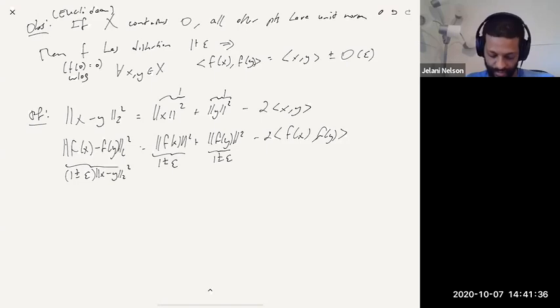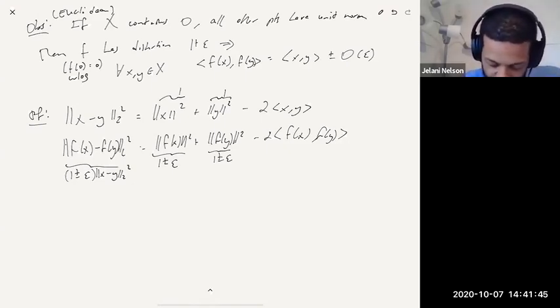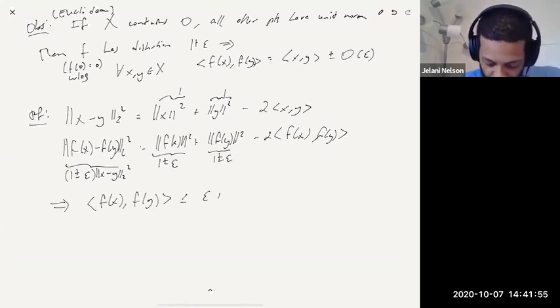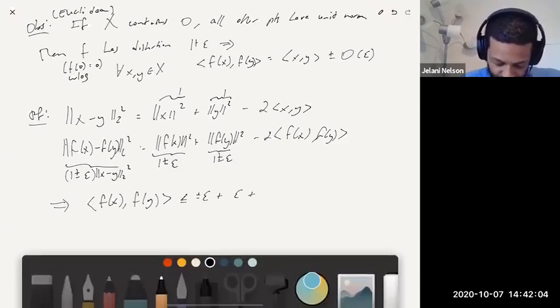Okay. So if you just rearrange these things, basically what you get is that f of x dotted with f of y is going to be within plus or minus epsilon.